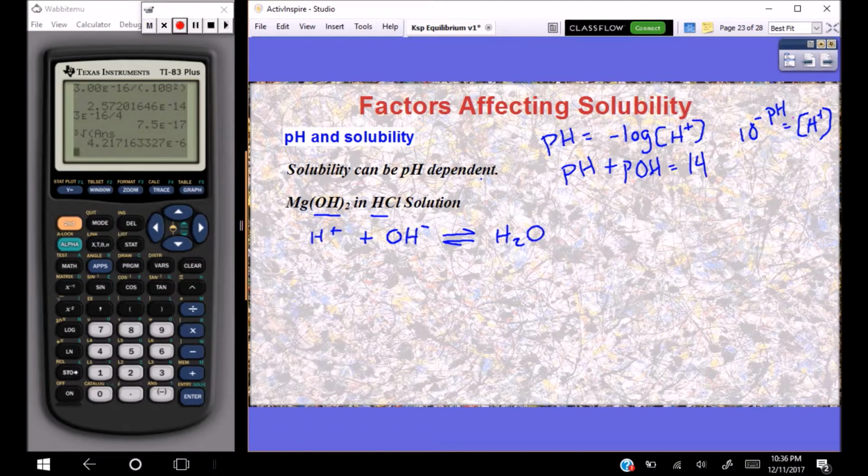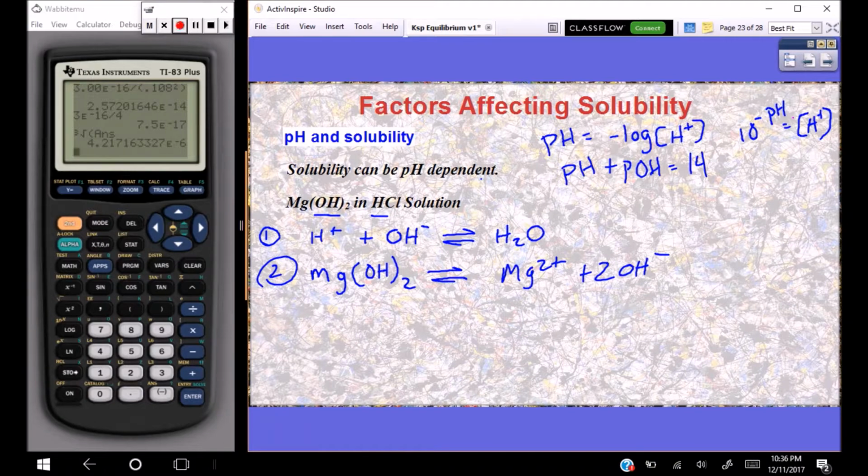Okay, so we've got two main equilibria going on here. We've got equilibrium between our acid ions and hydroxide, and we also have my magnesium hydroxide, and it's becoming Mg2 plus and 2OH minus. Okay, so this is my second one.